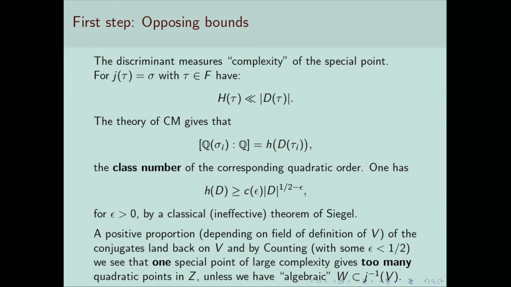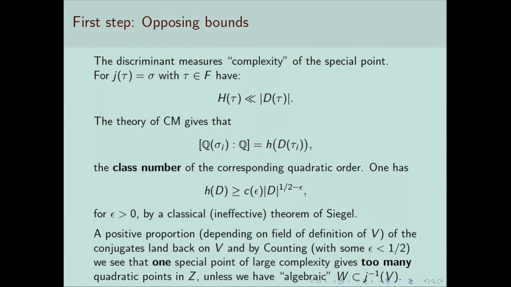And of course, when you take Galois conjugates, a positive proportion of those will again land on V, and you'll get another quadratic point in Z. And so if you have points in V of large discriminant, you're going to end up with the algebraic part of Z having to be non-trivial. You must have positive dimensional semi-algebraic things inside the set Z.